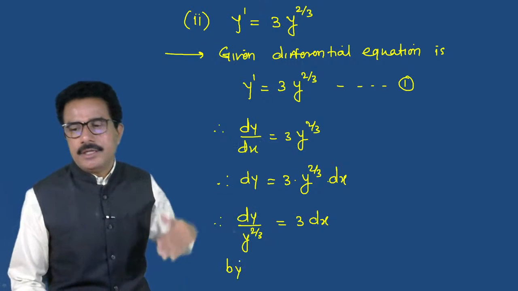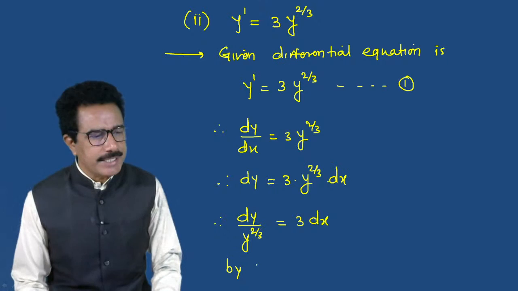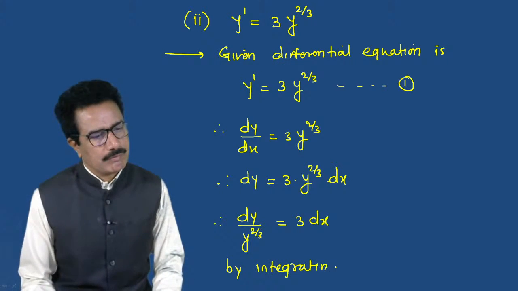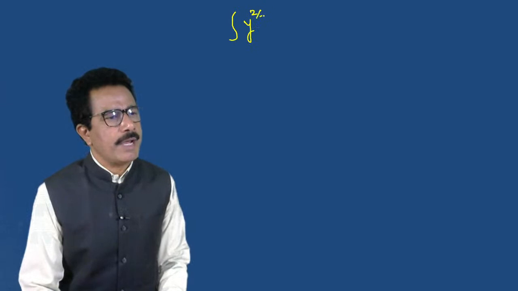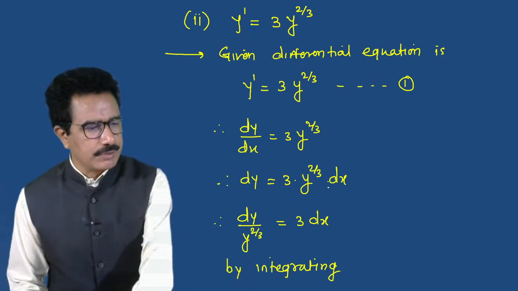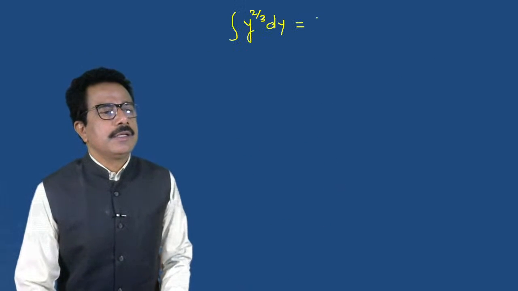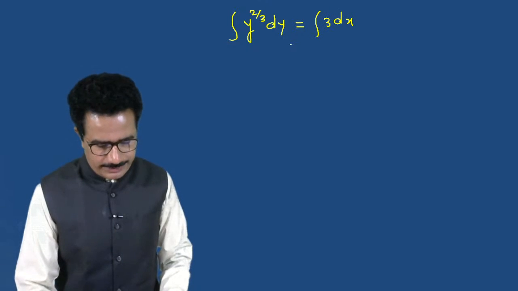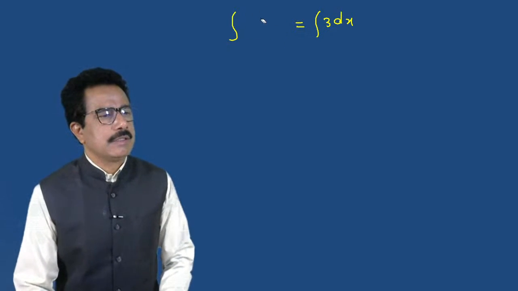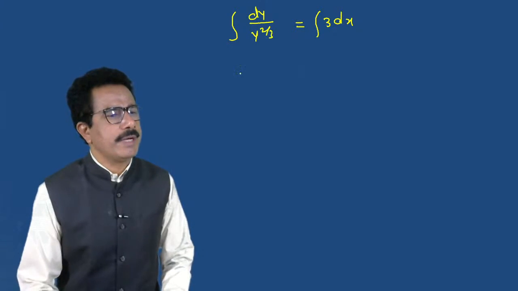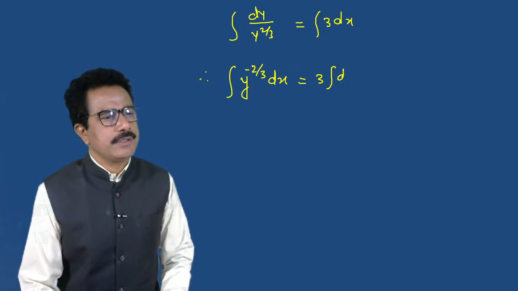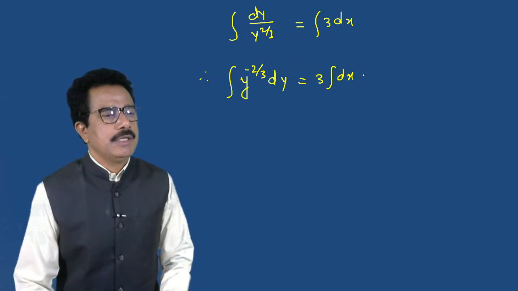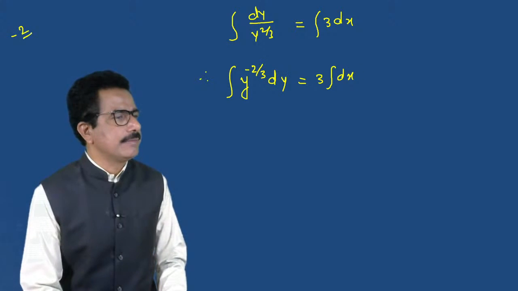Once we have the variable separated form, take the integration by integrating. The integration of dy divided by y raised to 2 by 3, that is y raised to minus 2 by 3 dy, equals the integration of 3 into dx. Now tell me the integration: minus 2 by 3 plus 1 means 1 by 3.